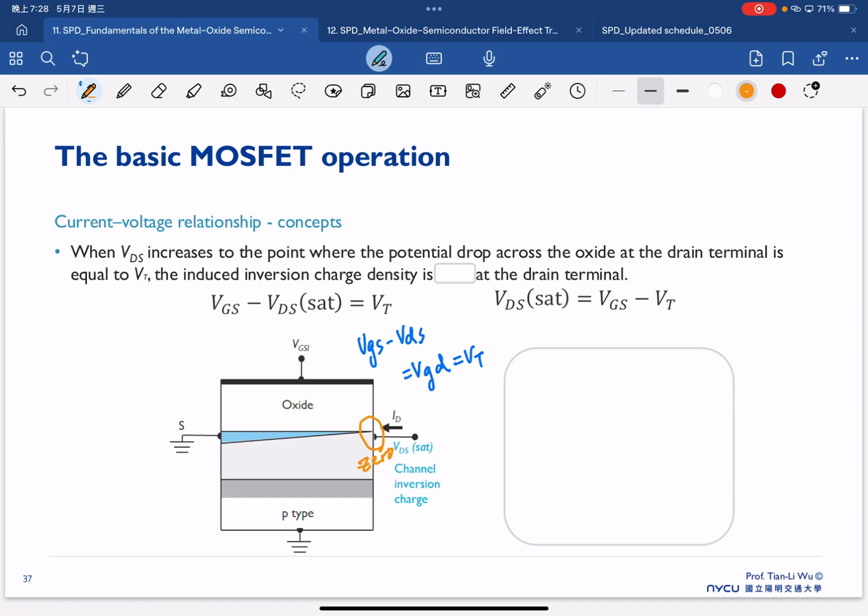And then at this condition, we call it saturation, VDS sat, which is this one. So when VDS increases to the point where the potential drop across the oxide at the drain terminal is equal to VT, the induced inversion charge density is 0.